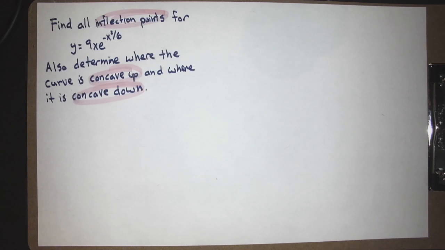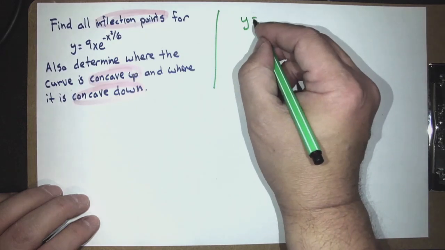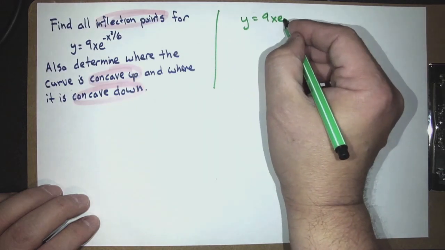So when you see inflection or concavity, that tells you this is information from the second derivative. So we know going in, this is a second derivative type question. So probably we should start by finding the second derivative. It seems like a reasonable thing to do.